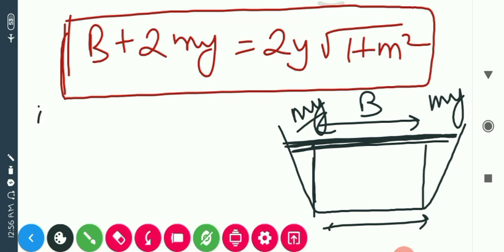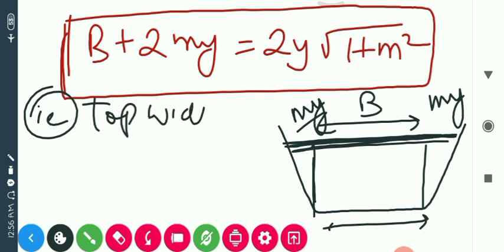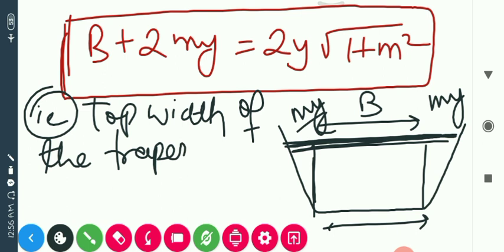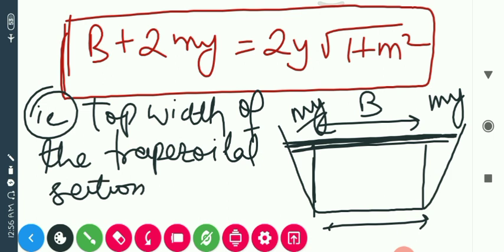What do we conclude here? We conclude that the top width of the trapezoidal section is twice the sloping side.